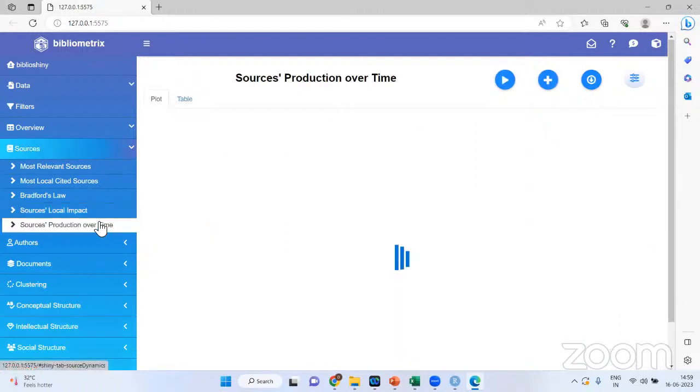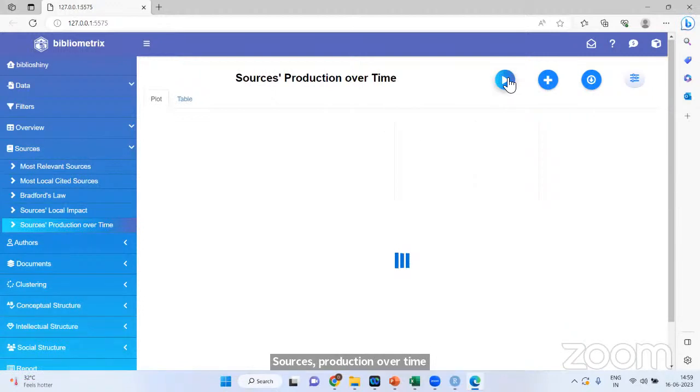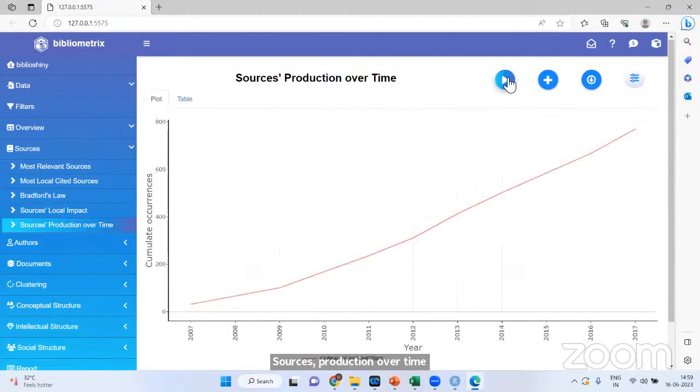Sources, production over time, and how many articles are being published. So this was all journal specific.